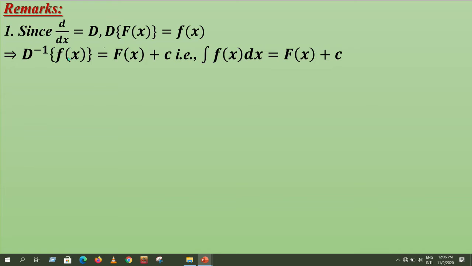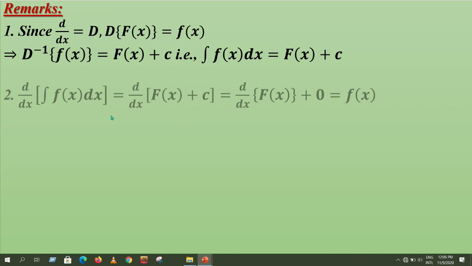As a result, the left side will be only capital F of x and the right side will be the inverse of f of x. The antiderivative and integration are the same, so you can write integration of f of x dx equal to capital F of x plus c. The derivative of capital F of x plus c and f of x are both the same, so you can write f of x plus c, no problem.